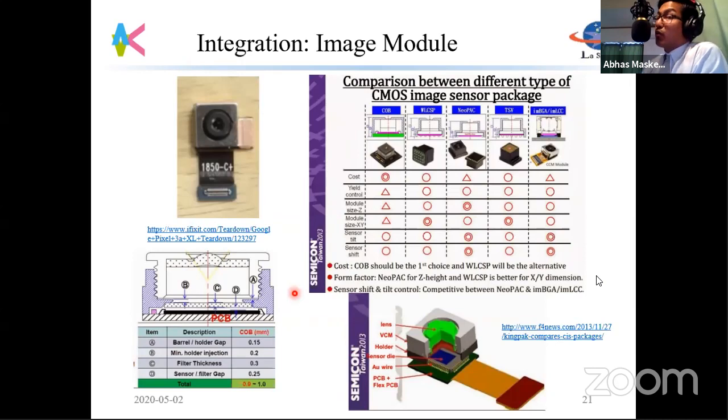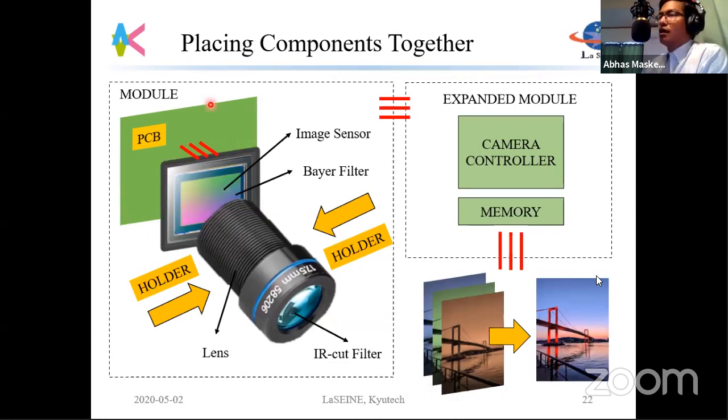Now we're talking about the module. You have the PCB, the image sensor, then some kind of holder that holds the lens, and then the lens. There are different types of image modules. This one is inside a Pixel 3a phone. Just using the module, unfortunately, is not enough. We need some kind of external controller.